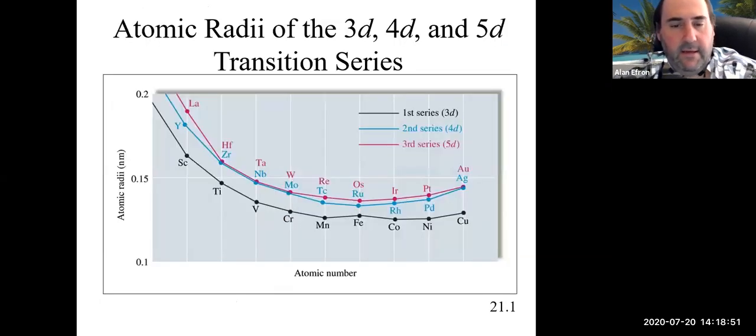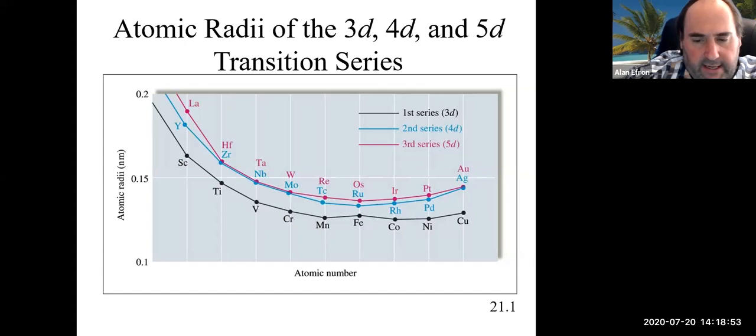All right, here are our atomic radii. As we talked about, heading to the right we see a decrease across the first row, second row, and third row transition metals overall. We also see an increase in overall size as you go down the periodic table.